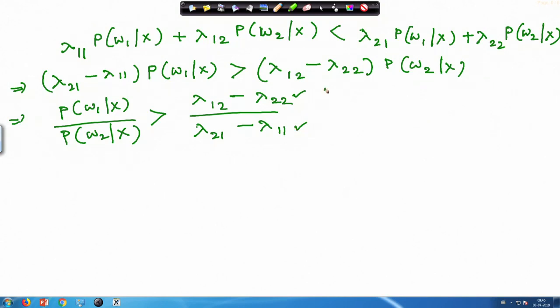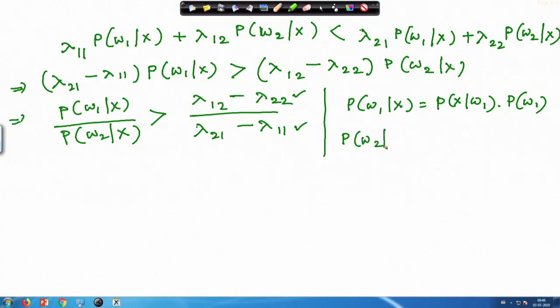And again, you remember from the Bayes rule that p of omega 1 given x, which is the a posteriori probability, I can write as p of x given omega 1, which is the class conditional probability, into the a priori probability p of omega 1. Similarly, p of omega 2 given x can also be written as p of x given omega 2 into p of omega 2.